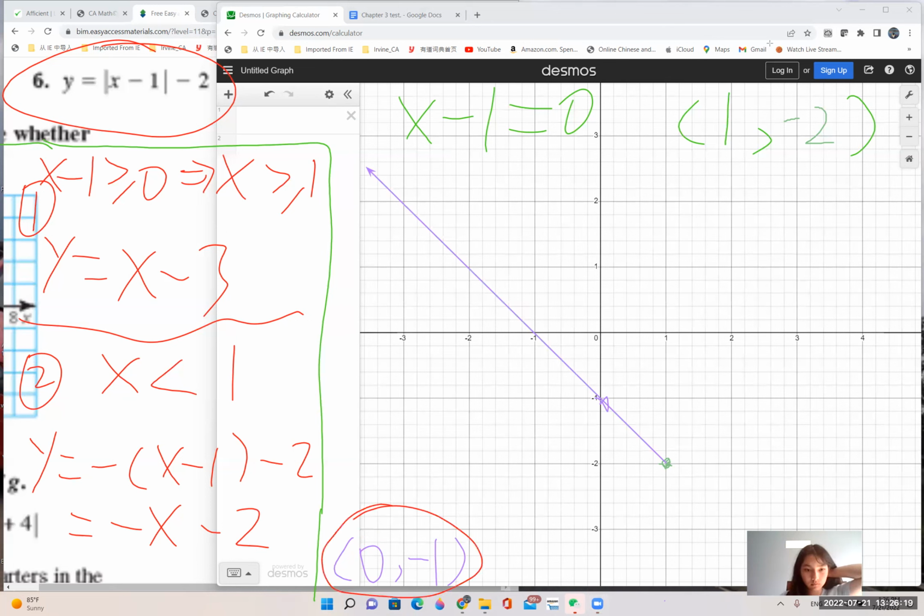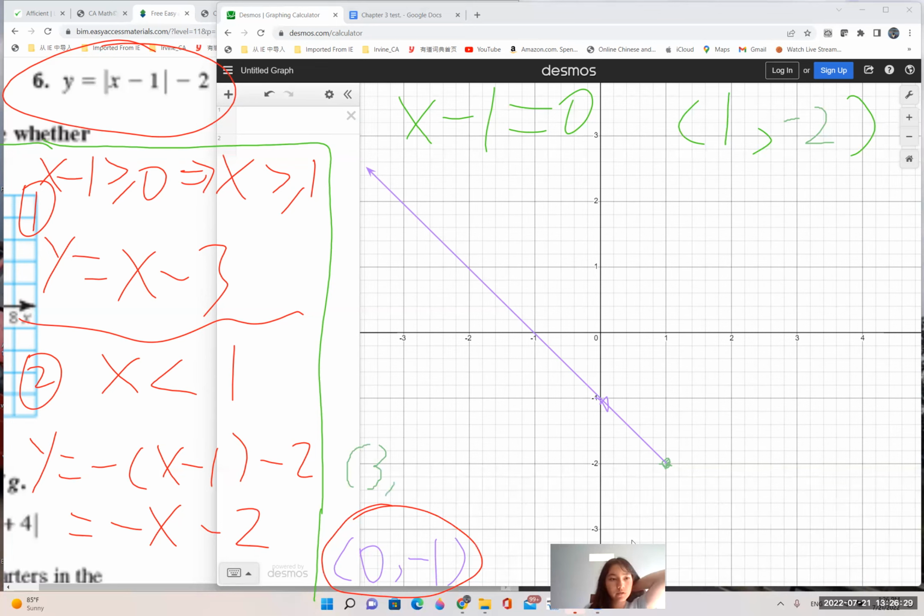If you use 0, write down 0. When x equals 3, y equals what? Then draw this point. And then 0, -1.